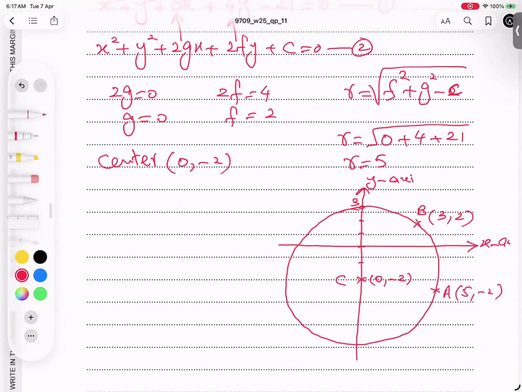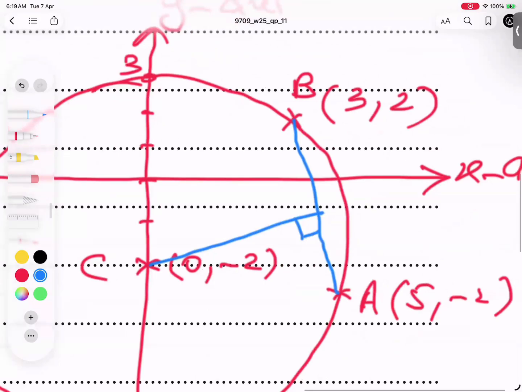Okay, so now I'm going to make a triangle, students. So what is the method to do? We have to find the area of the triangle. So we use a concept, you remember, students, when we join A with B and we draw a perpendicular, this always cuts the chord at the midpoint.